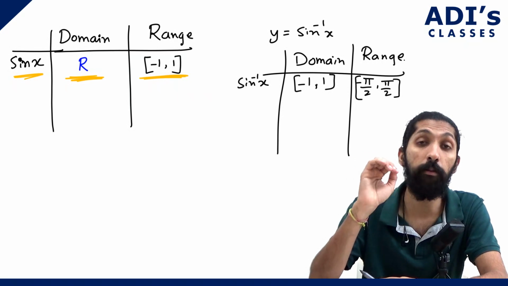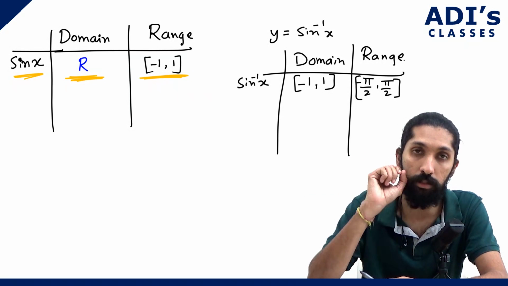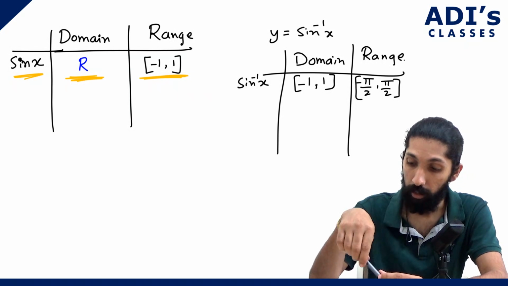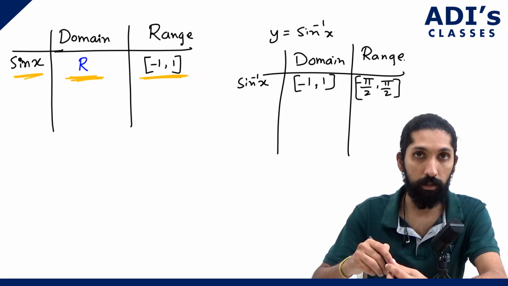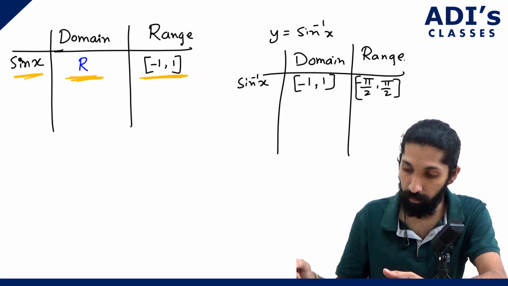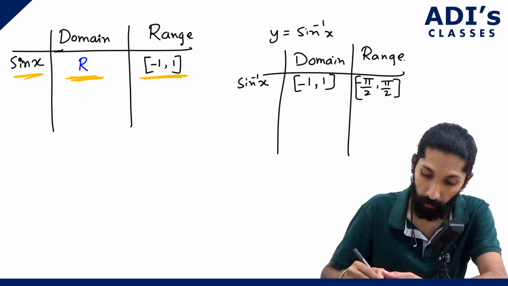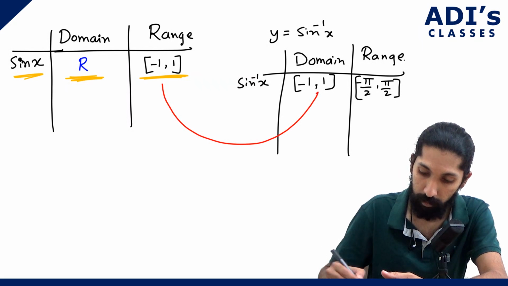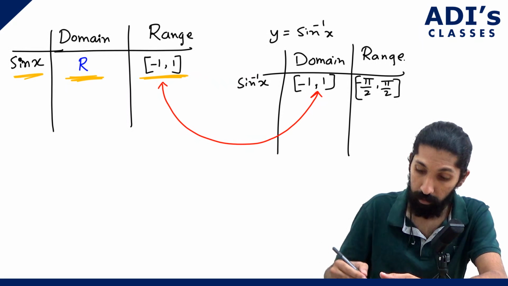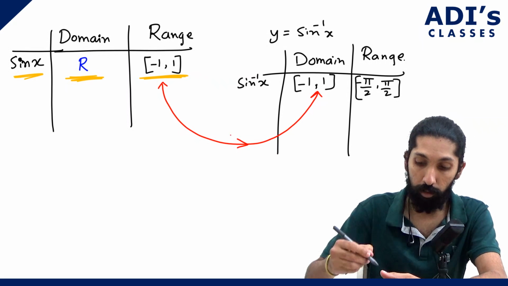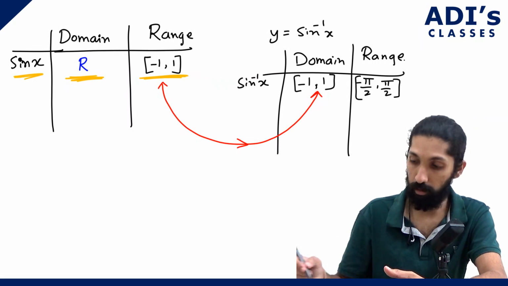So when you take the sine inverse function, the domain is -1 to 1. Basically, the range of the function becomes the domain of the inverse function.